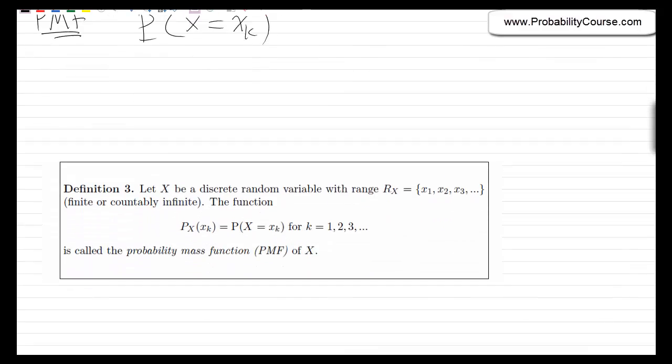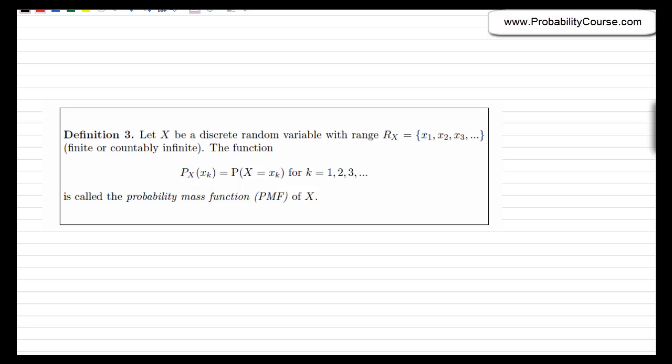And here is a formal definition. Let X be a discrete random variable with range x1, x2, x3. Then the function P_X, probability that X is equal to xk, is said to be probability mass function. So this is a notation that is very common for probability mass function. The notation is p sub X of xk.